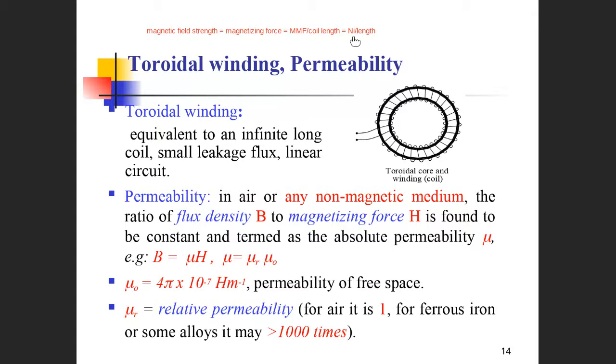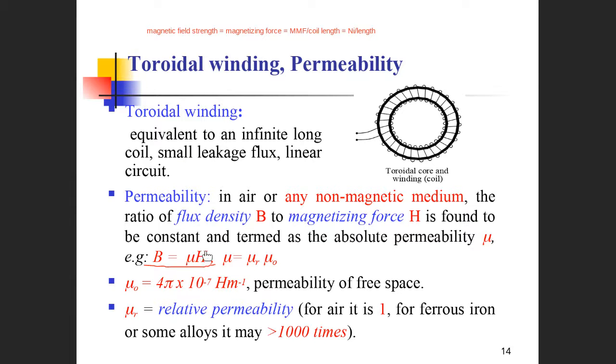So the turn numbers N times I over the length of the coils, that is the strength. Okay, so you have the magnetic strength, but how much flux is produced depends on the permeabilities of the materials.